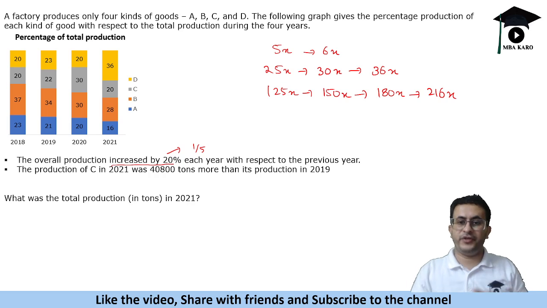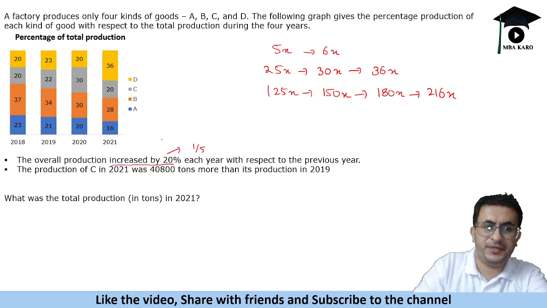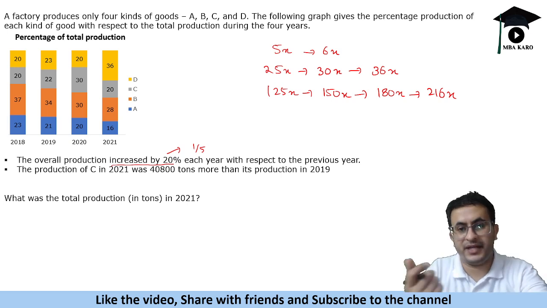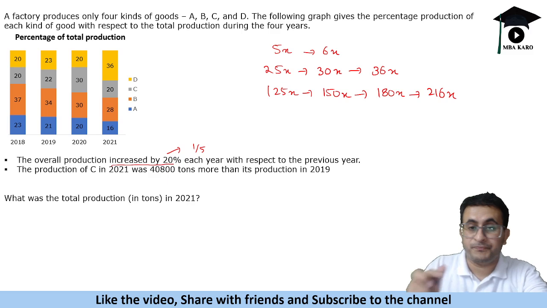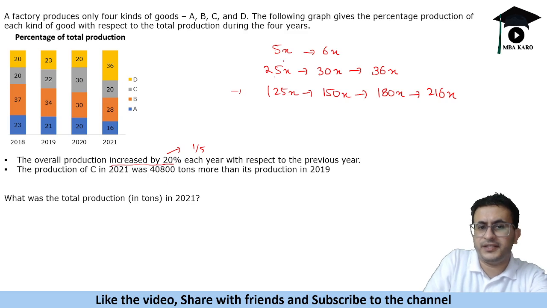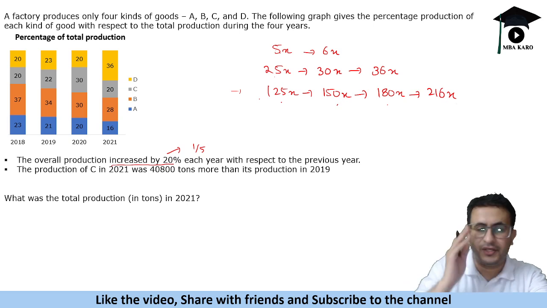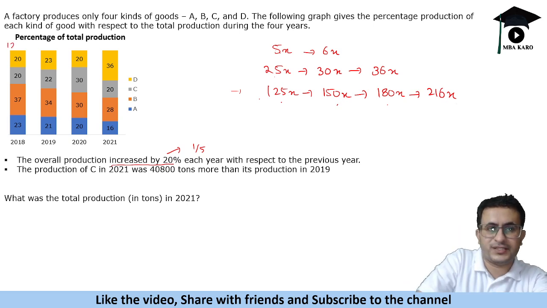If you take the right set of variables, you are able to do the calculations faster. If you take 100, maybe you would get values in decimals and it would be difficult for you to calculate. So if there was a single increase, then 5 to 6. 2 times increase, take the square of this, 25, 30, 36. 3 times increase, cube of 5, 125, 150, 180, 216. Okay, so let's take these totals as 125x, 150x, 180x and 216x.